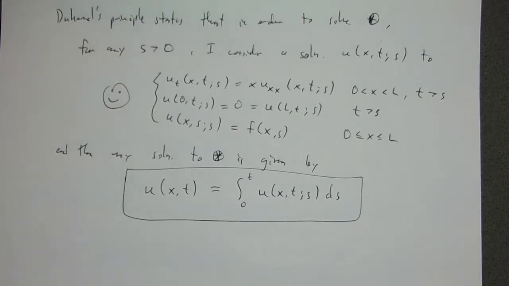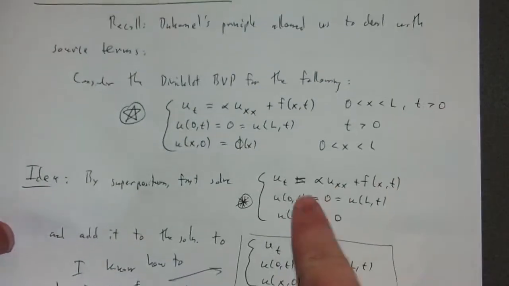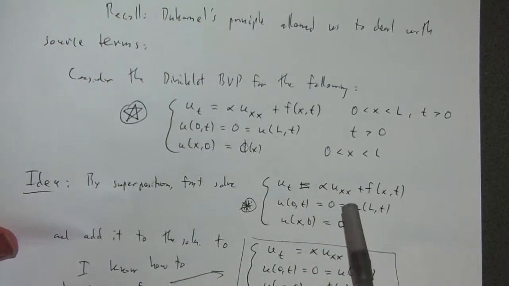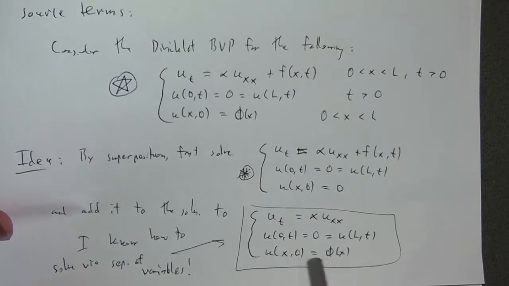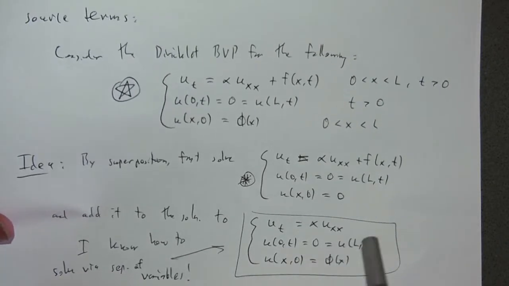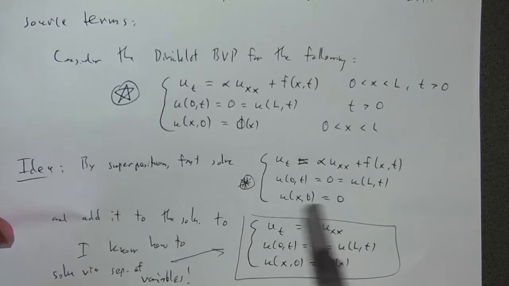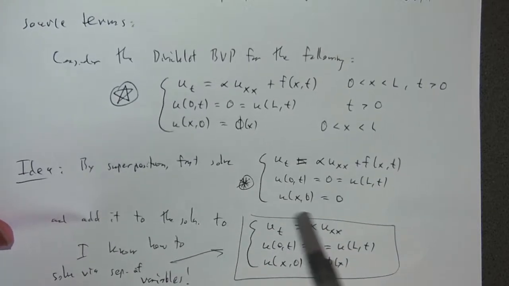But you can verify just from rules of calculus, by plugging it into the equation and being very careful, that this works. Like I said, you've had to do that previously for various problems. So you can verify that this solution formula solves asterisk, and we take that solution and add it to our usual solution that we did via separation of variables for homogeneous Dirichlet boundary condition diffusion equation problems.